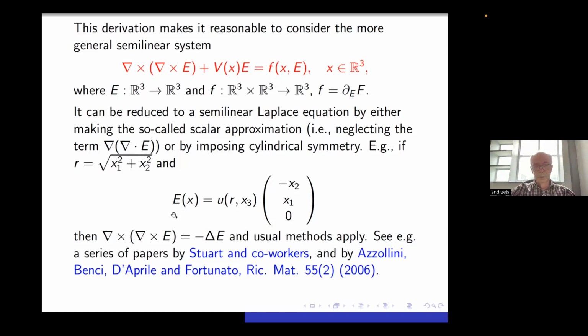So we take r as the length of the vector (x1, x2), and E of x is equal to U of r, x3 times this vector. And then one has that the divergence of E is 0, so curl E simplifies to this.